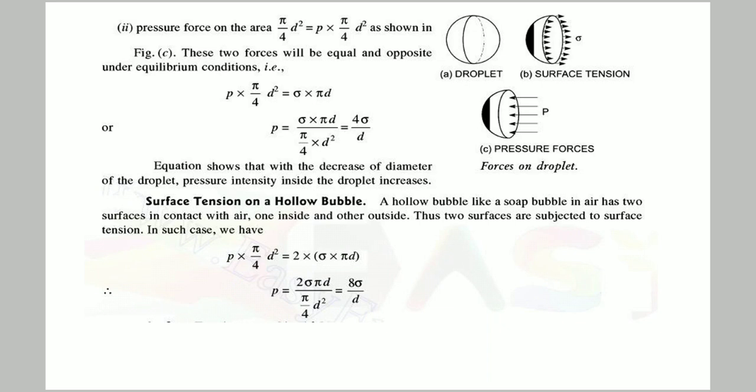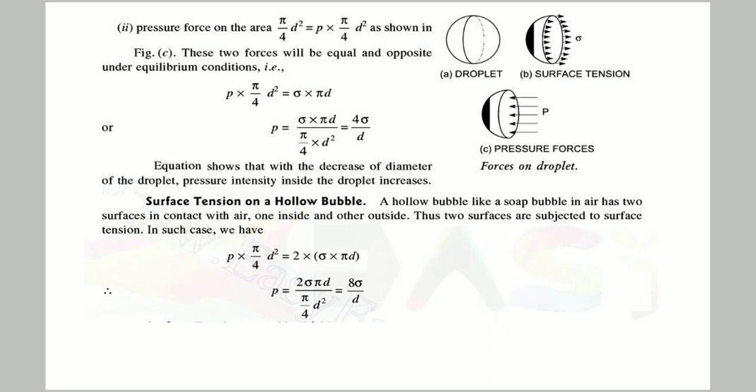To get this pressure force, we multiply the pressure by the area, and we get the pressure force P pi d square by 4. Now at equilibrium, these two forces are equal and opposite and balanced. So we get P pi d square by 4 is equal to sigma into pi d.